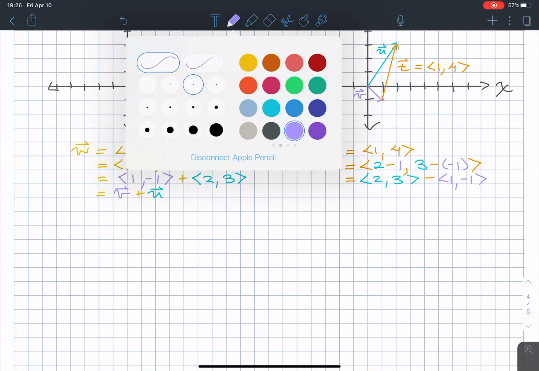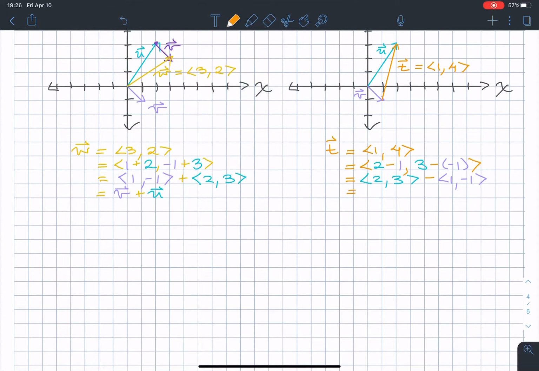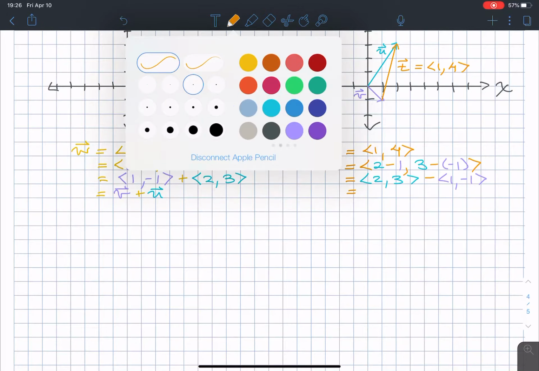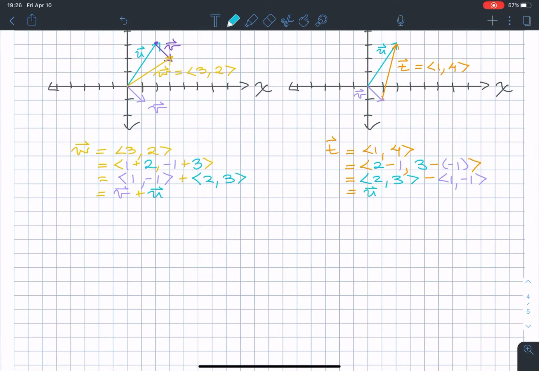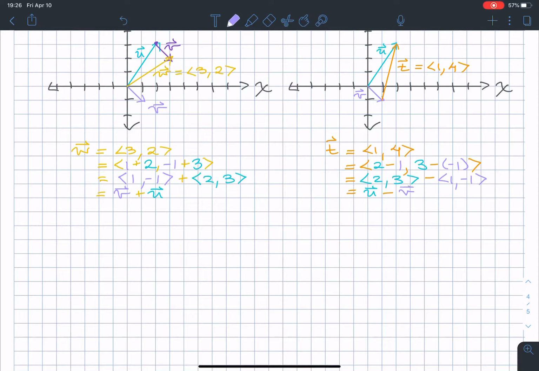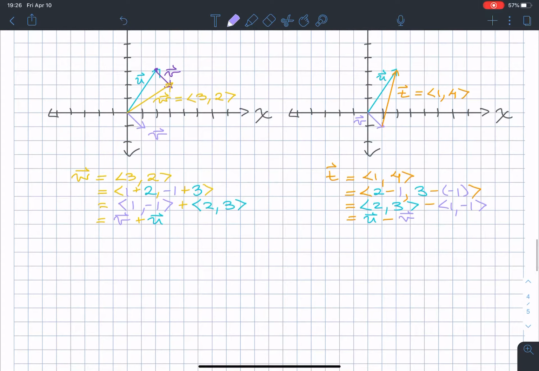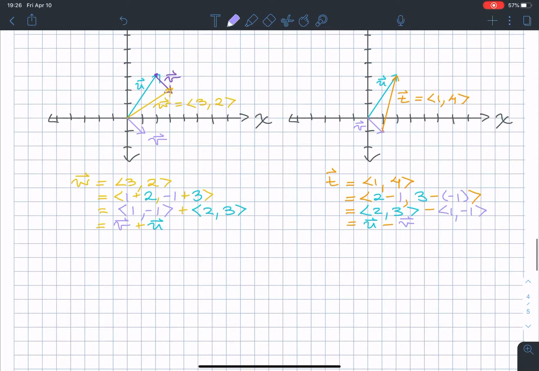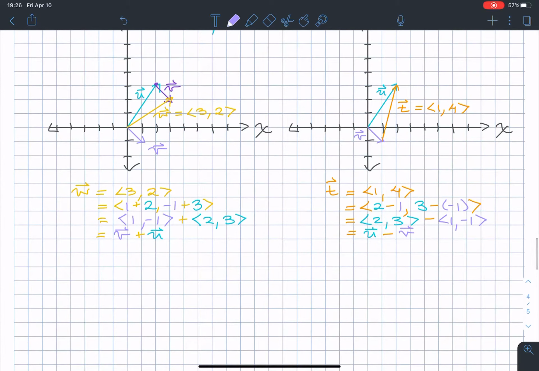So this is vector u minus vector v. Notice how the arrow points. It's pointing to u. So its terminal point is u, and it's coming from v. So that's how I do u minus v.